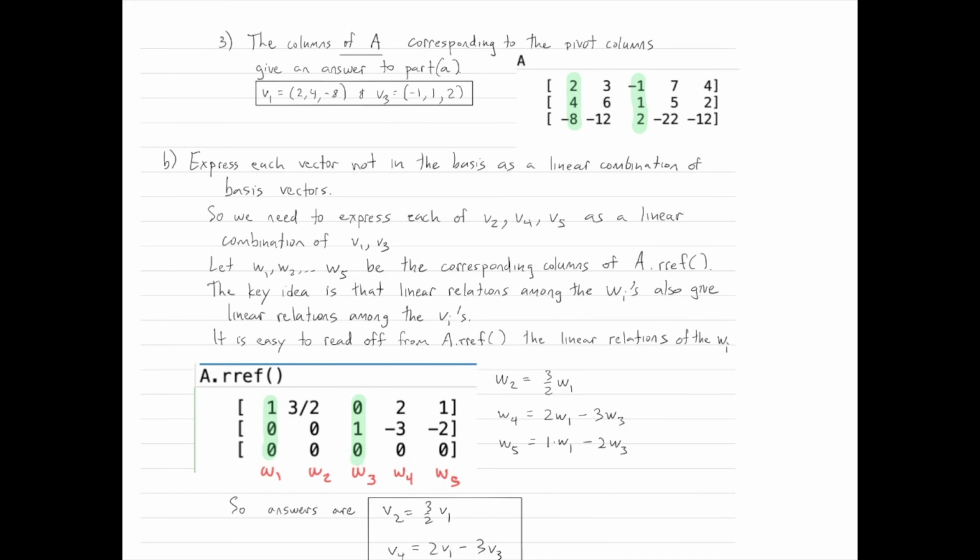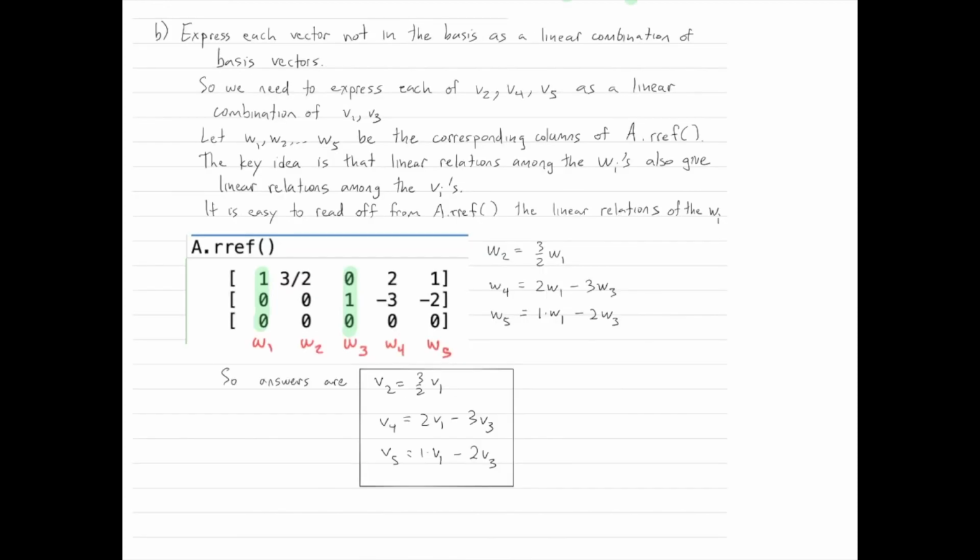So the point is it's very easy to read off from the reduced row echelon form the linear relations on the W's. Those W's, again, are the columns of the reduced row echelon form of A. And then we simply turn all these W's into V's.